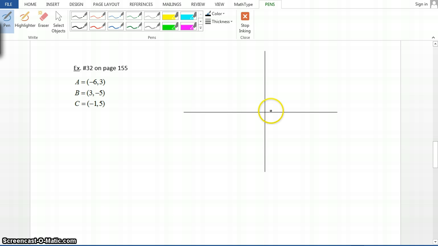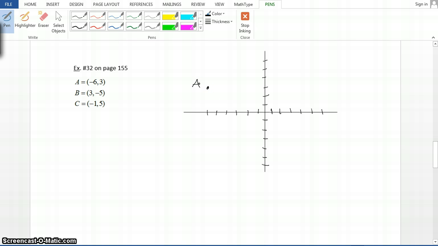Let me draw these. Alright, let's plot A. Negative 6, 3. 1, 2, 3, 4, 5, 6. Negative 6, positive 3. It's about right there.